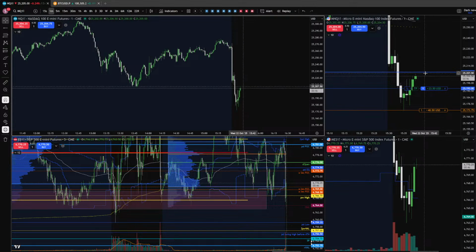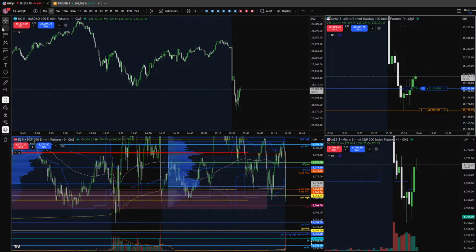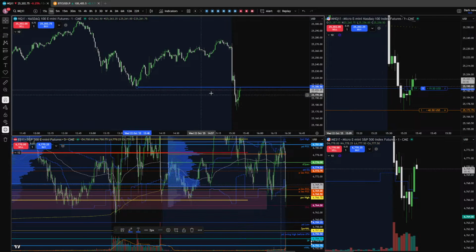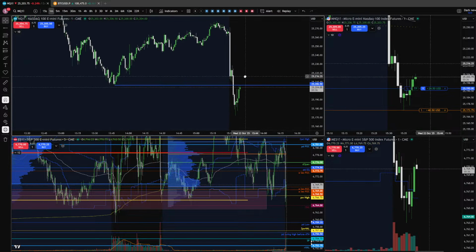I want to see ES regaining this low and closing above here.